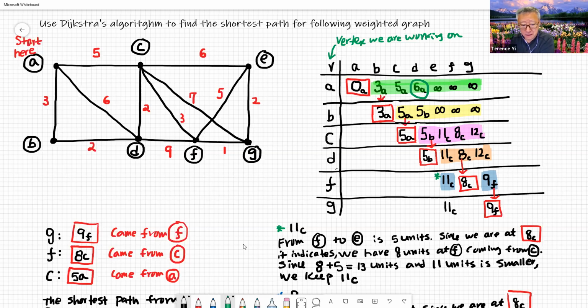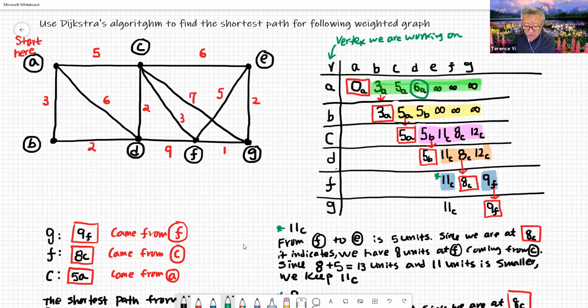And then from F to E, you add another 5 units, you're going to end up with 13 units. But 13 units is going to be greater than 11 units above. That's why we are not going to take that path, but we are going to take the path from A to C and C to E, which is the 11 units. Okay, so that's what the 11C was.